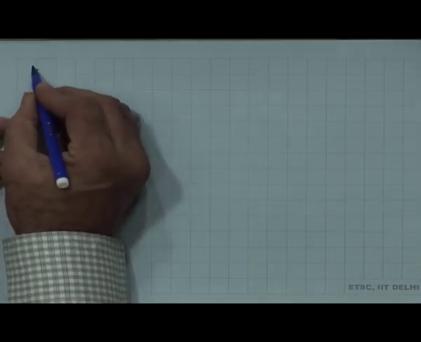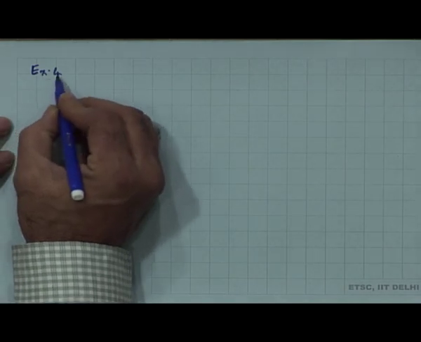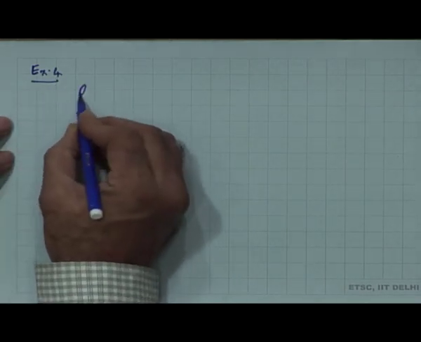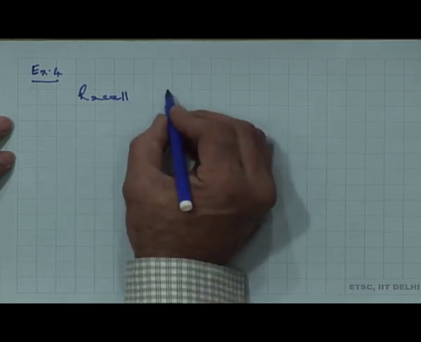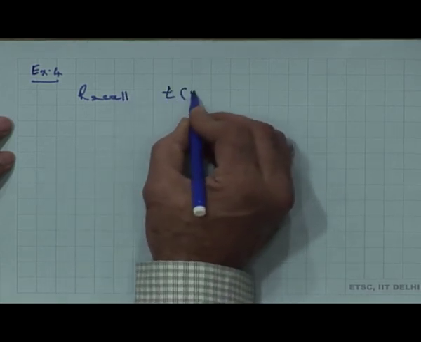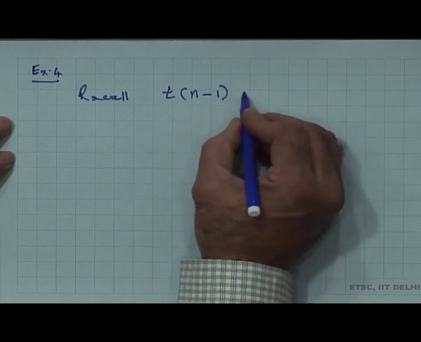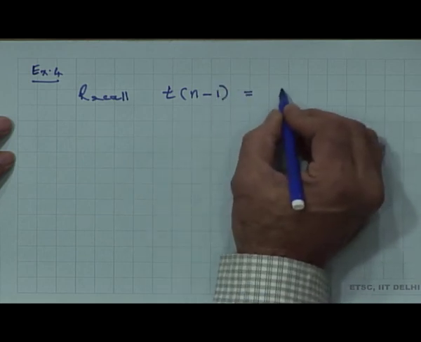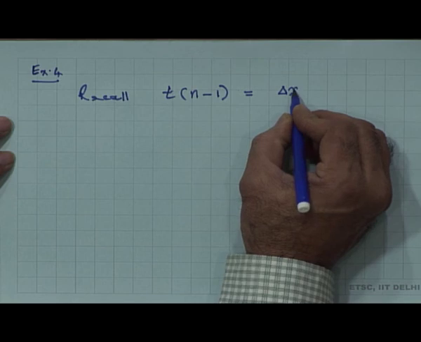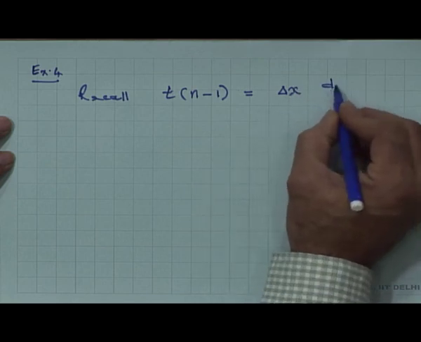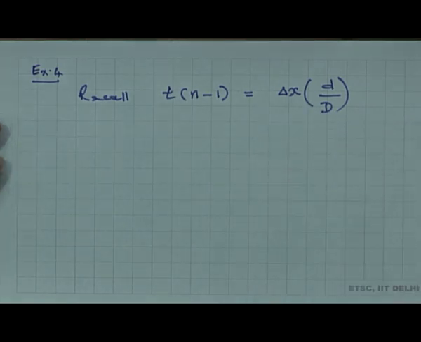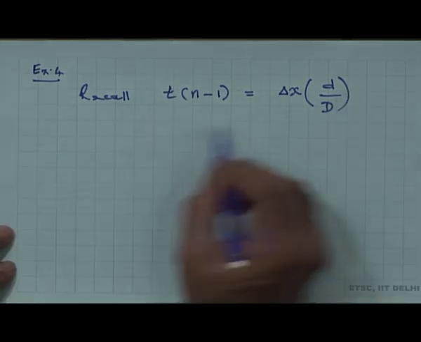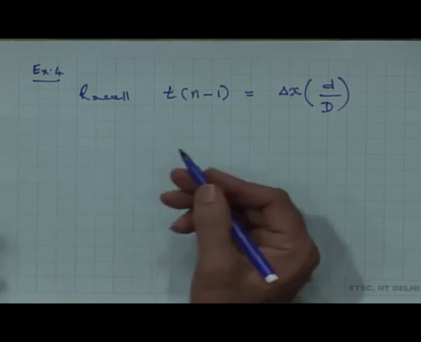Exercise 4. We recall that we have derived an expression: T into n minus 1 is equal to the fringe shift, I call it delta x, into d by capital D. This expression we have derived, it is quite straightforward.